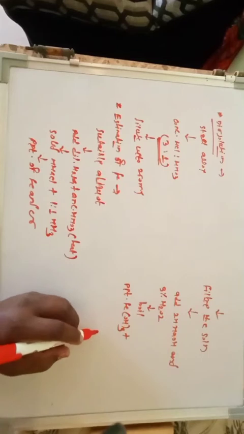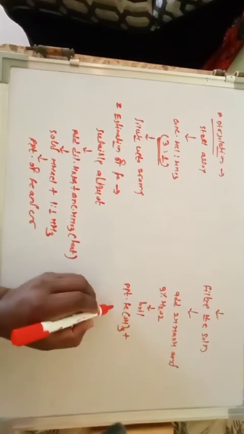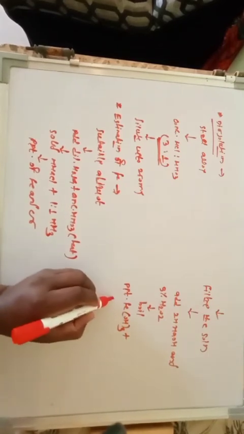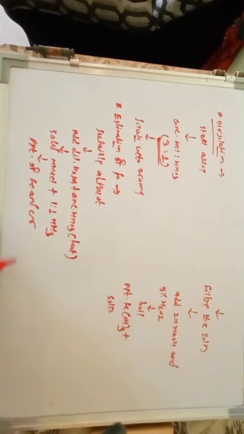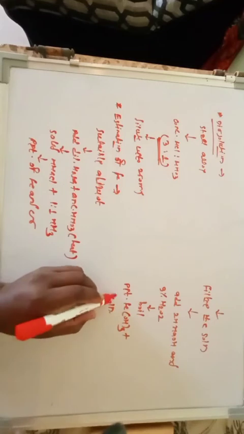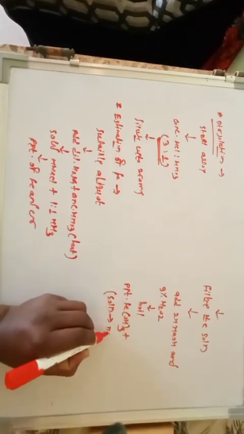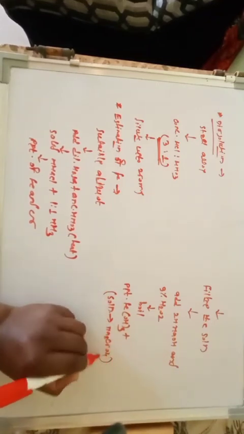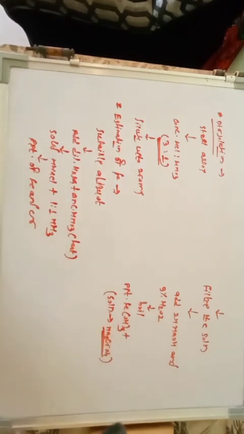So Fe remains as it is, while the chromium hydroxide is dissolved and converts into solution as Na2CrO4. So you have to filter this iron hydroxide precipitate.